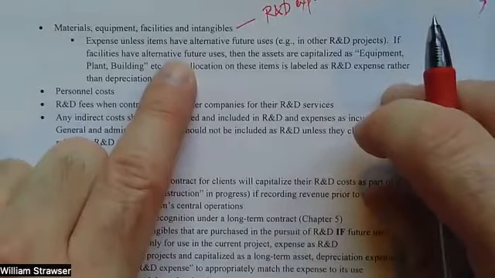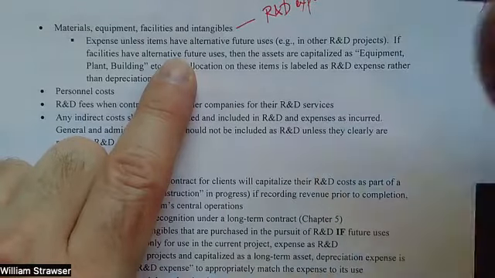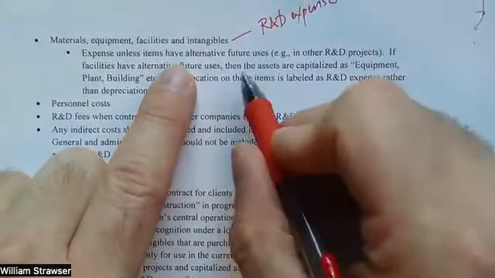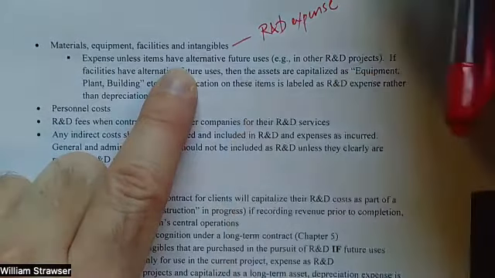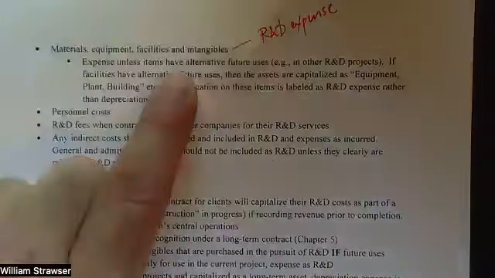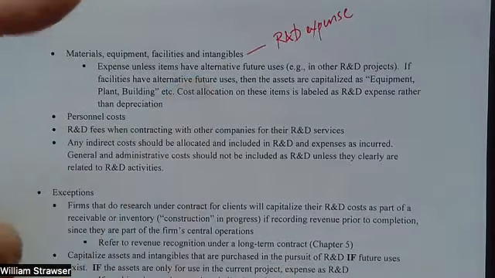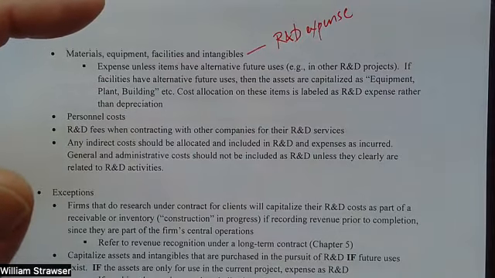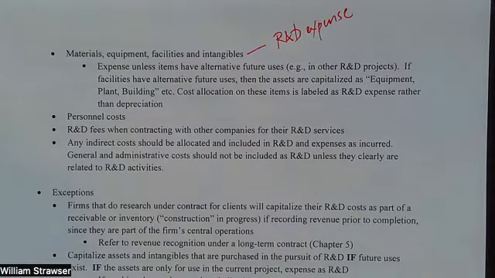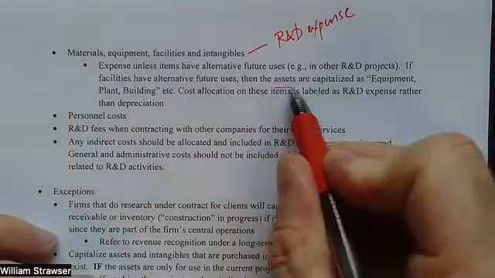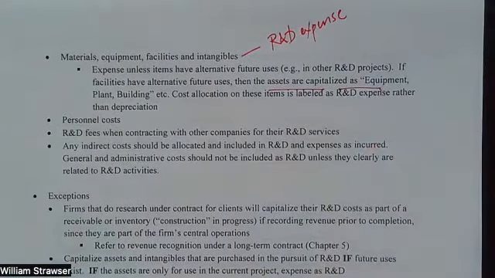if I buy, for example, PP&E or an intangible that has some other alternate future use. So like I buy some equipment that I think I can use in other R&D projects. If that is the case, then you can capitalize the asset as equipment, or perhaps a patent, or whatever that asset is. It escapes that R&D expense designation.